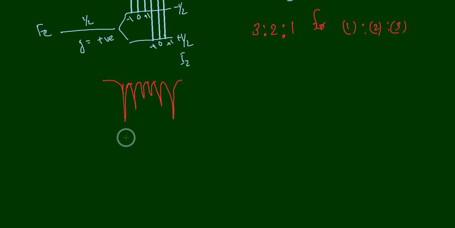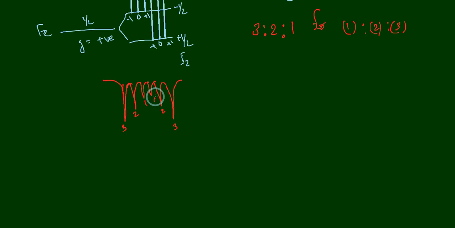The Mössbauer spectrum will be like this: 3 and 3, 2, 2, 1, 1. So now you understand why we are getting 6 peaks, 6 bands in the Mössbauer spectrum when we conduct the experiment in a magnetic field, and why the intensity pattern is so symmetric.